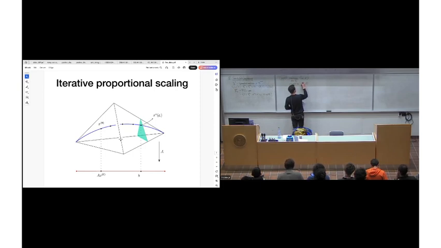I'm going to fix D symmetric matrices A1 through AD. Impose the constraints that A1 dot x is B1 and AD dot x is BD, for some real numbers B1 through BD.